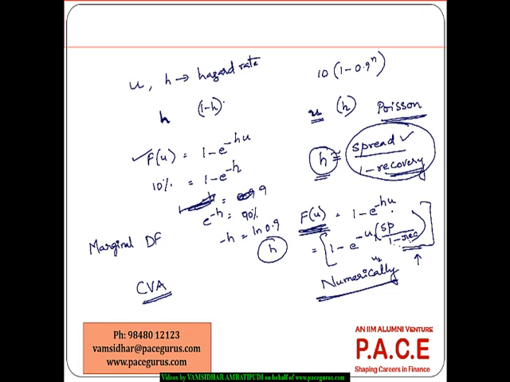Based on that, come out with the hazard rate. And once you have the hazard rate for different time periods, you come out with the U, where for different time periods you compute your cumulative probability of default, and based on that you do the subtractions for different time periods to arrive at the marginal probability of default.